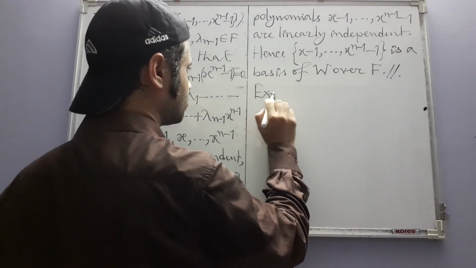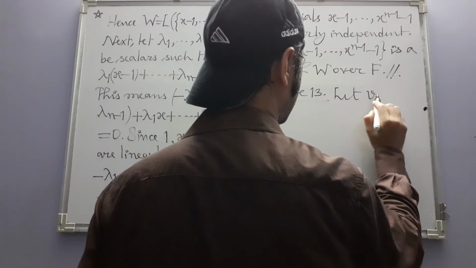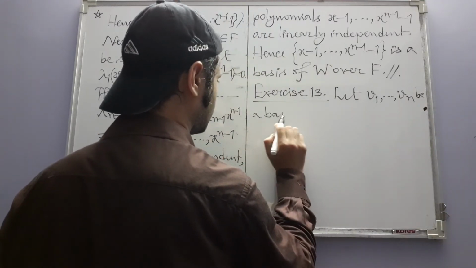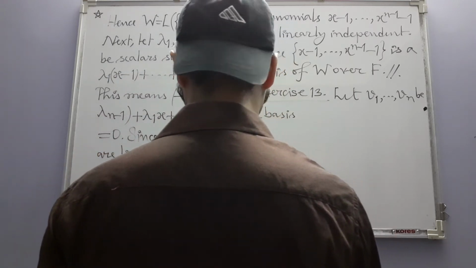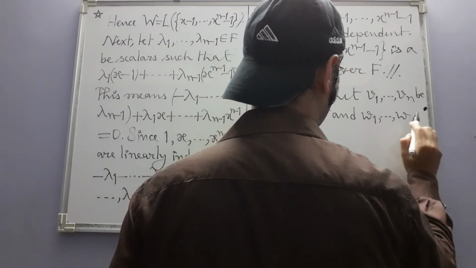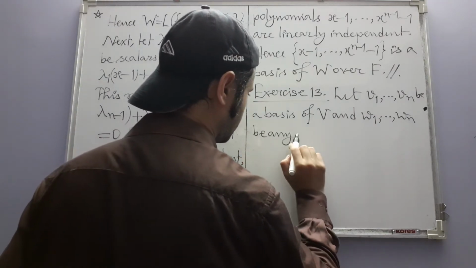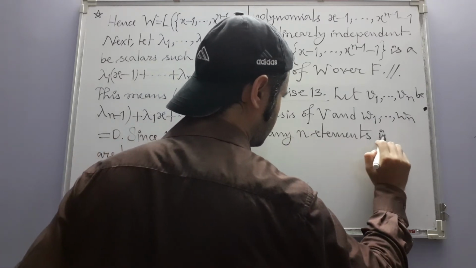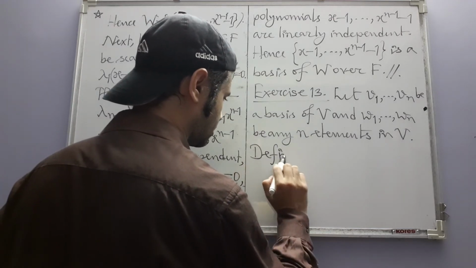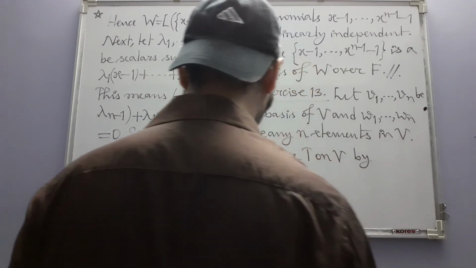Next, let V1, V2 through Vn be a basis of V, some vector space, and W1, W2, etc. to Wn be any n elements in V. We are going to define a function again from V to V. Define T on V by this formula.